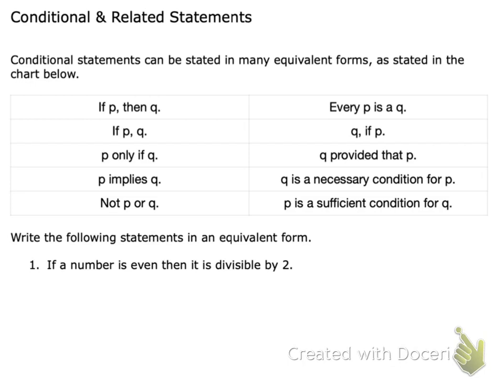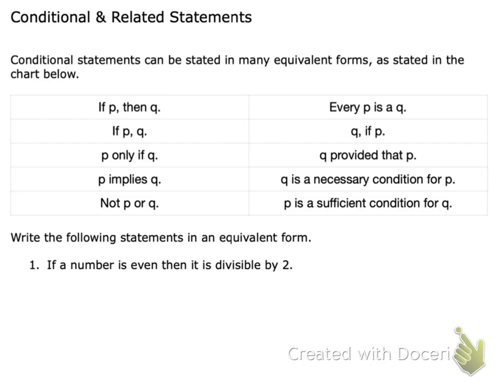So we just did not P or Q. That was our equivalent disjunctive form. There are also other equivalent forms or related statements to our conditional statements. So really, any of these phrases mean the same thing.